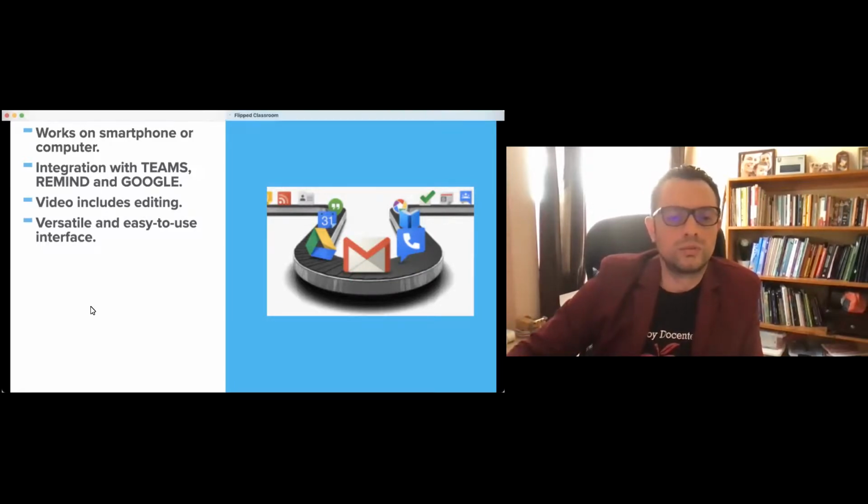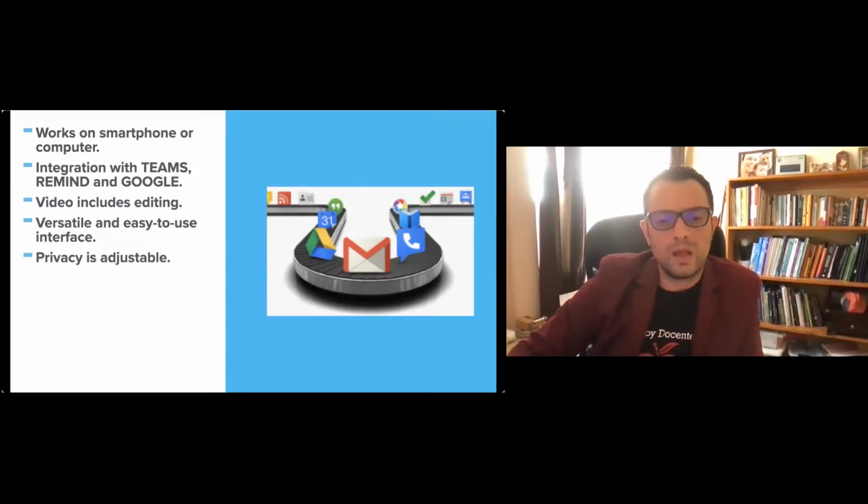That's for sure. And also the privacy is adjustable. I mean, for example, every grid we make, as Octavio said, a grid is every activity we make in Flipgrid. Privacy is adjustable. If you want everybody to see it, you can make it public. Or if you want just a few people to see it, you can set the privacy to private.